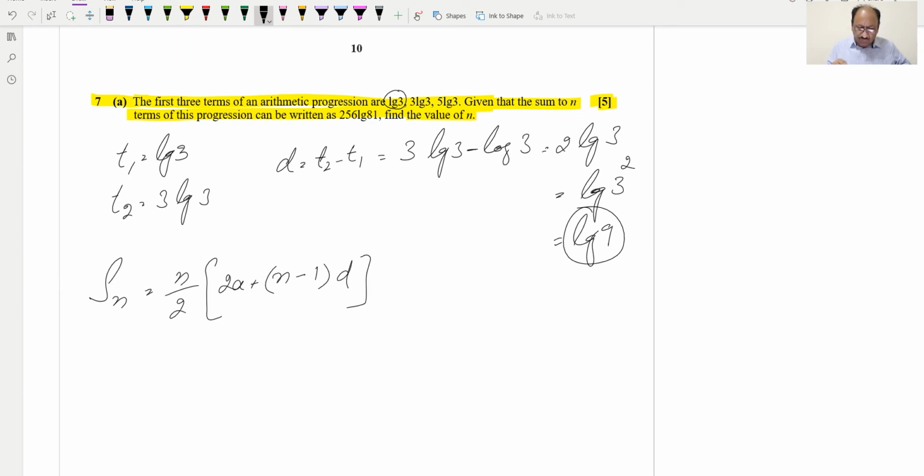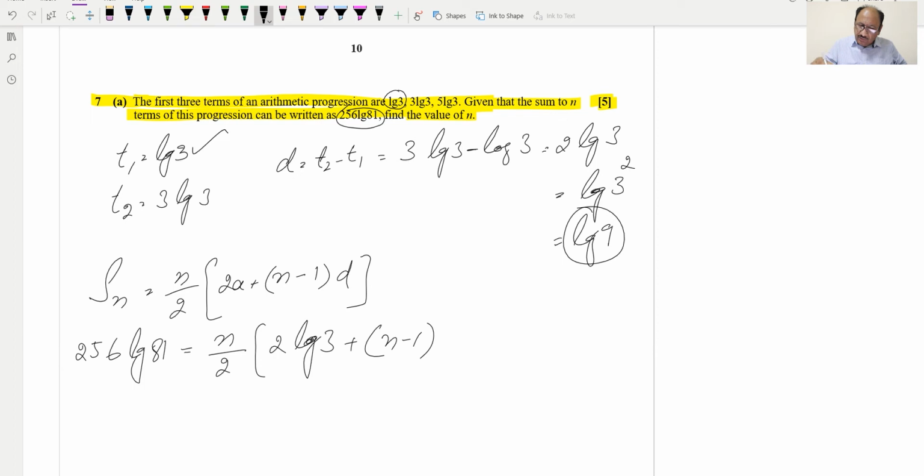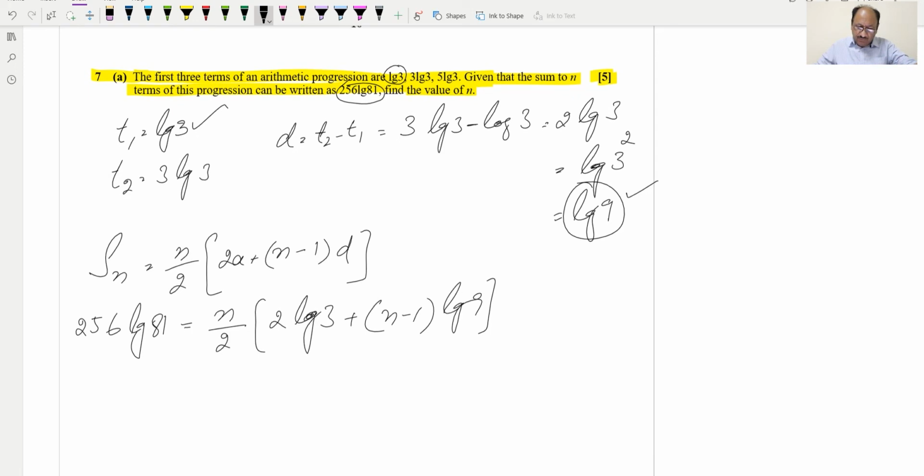This will be our formula in which we will be replacing values, and n is to be found, and Sn they are telling us is this one, which we can write as 256 log of 81, will be equal to n by 2, and 2 into a, where a is the first term, which is log of 3, plus (n minus 1) into d, which we found, which is log of 9, and further we can simplify.